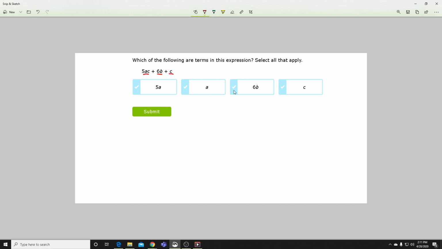So let's look at our choices. 5a, don't see it. A, I don't see a by itself, so it's not a term. 6b is a term. C is also a term. So these two would be terms in this expression.